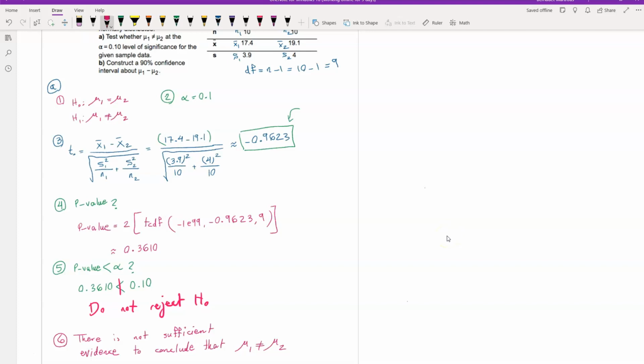Now part B, construct a 90% confidence interval about mu1 minus mu2. First we have to find alpha. So 1 minus 90%, this is 10%. Then divide by 2. So it's 5%.